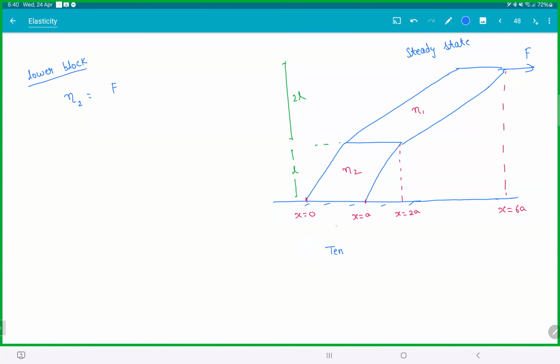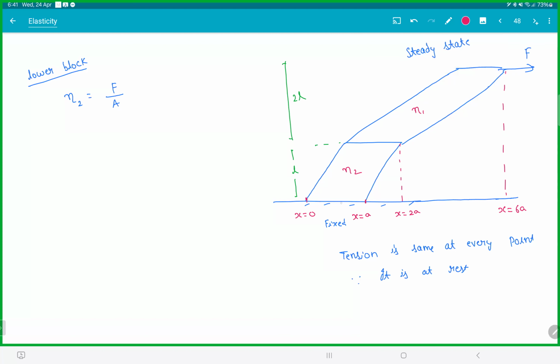Since it is in steady state and the ground is fixed, at every cross section the tension is same, because nothing is moving. Area of cross section is also same, so that doesn't change. Now look at the lower one.